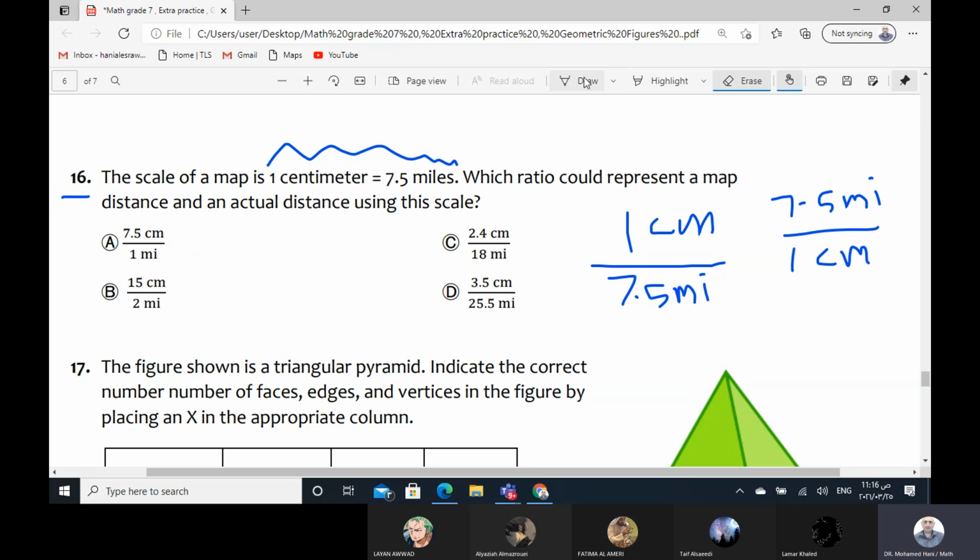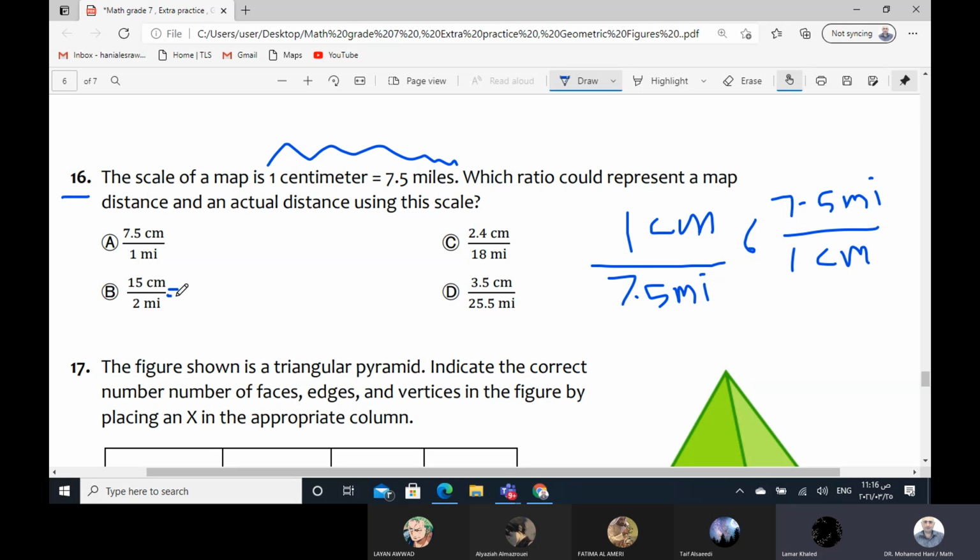Can you explain? Mr. The answer will be like B, 15 centimeter over 2.